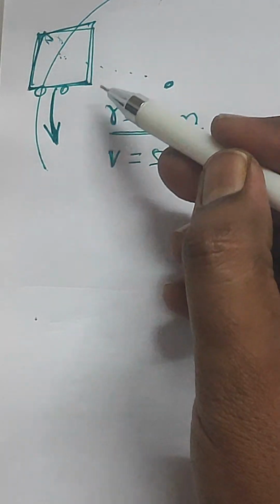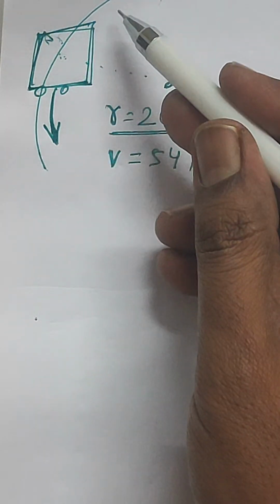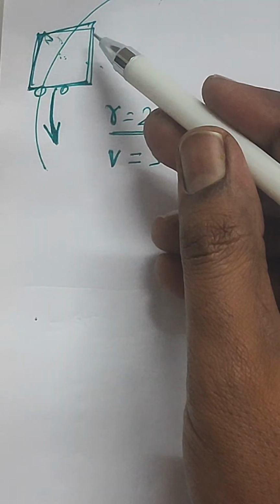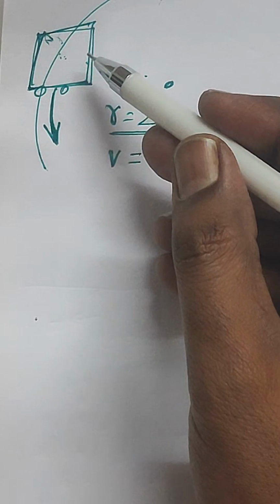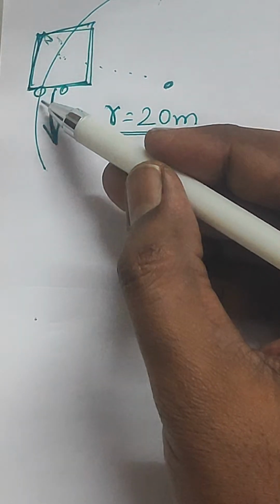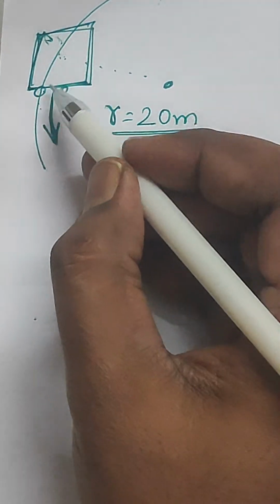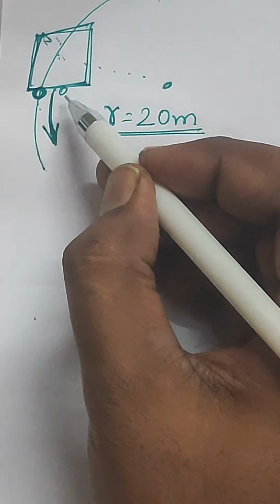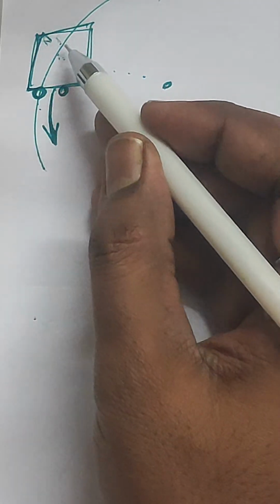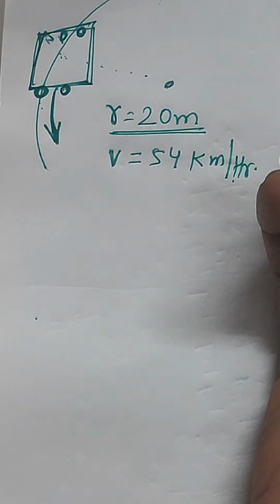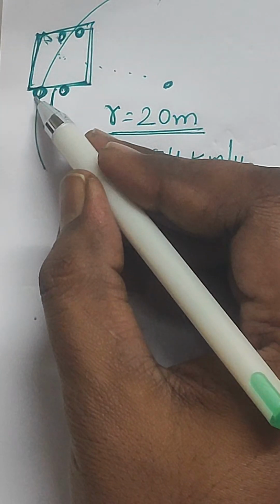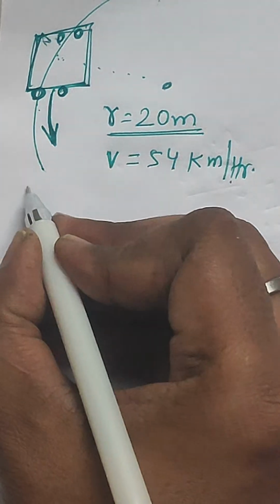This centripetal force is provided by the friction between the tires and the ground. So tires are attached over here also, so this tire and ground.